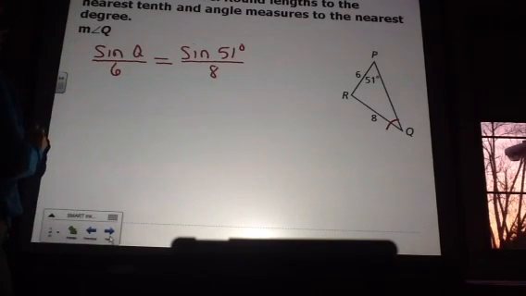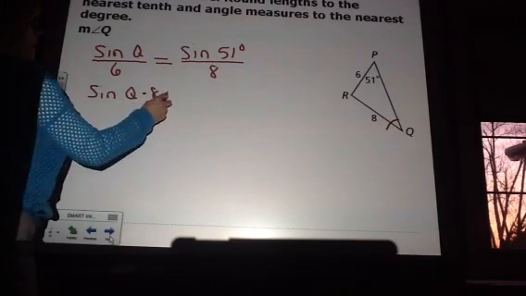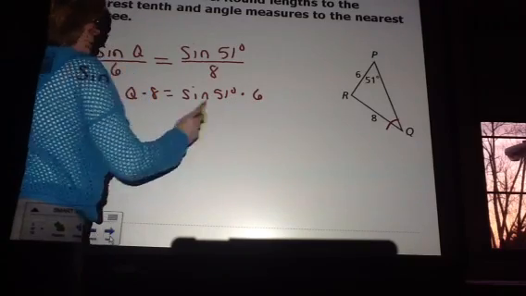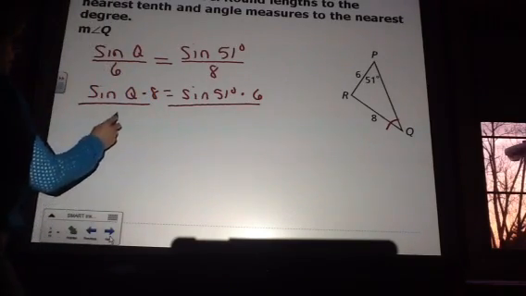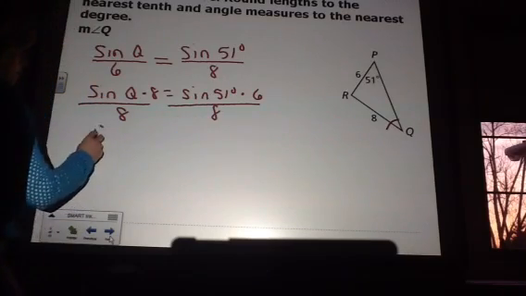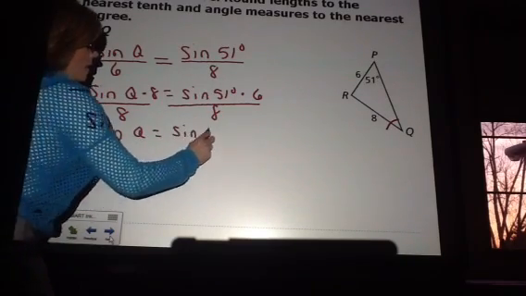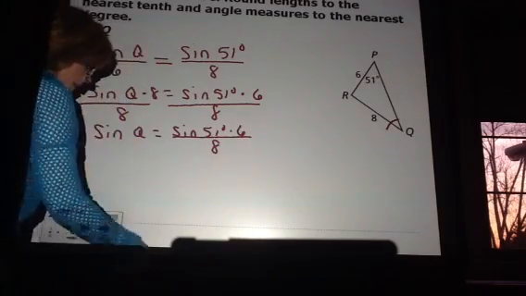Do your cross product. So we have the sine of Q times 8 equals the sine of 51 degrees times 6. Divide both sides by 8. So the sine of Q equals the sine of 51 degrees times 6, all divided by 8.